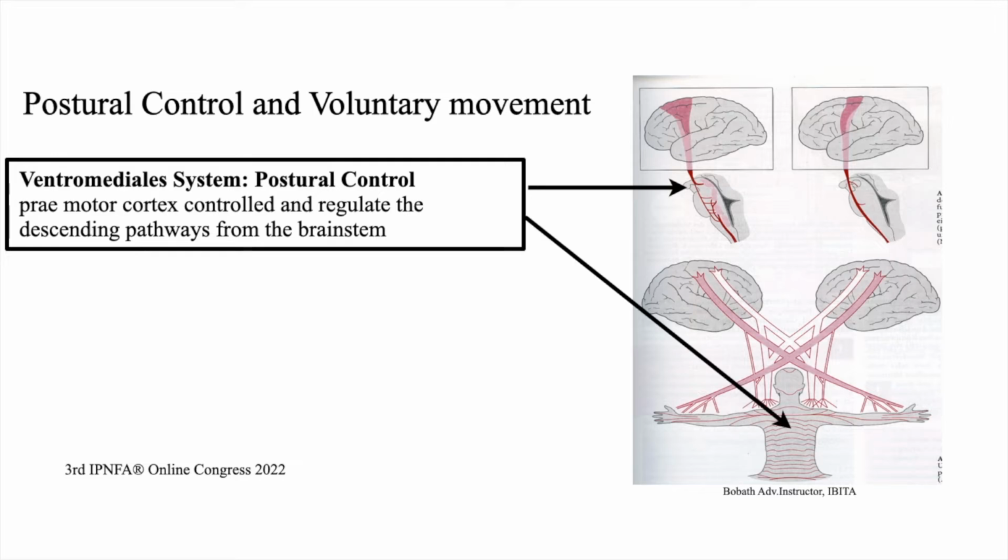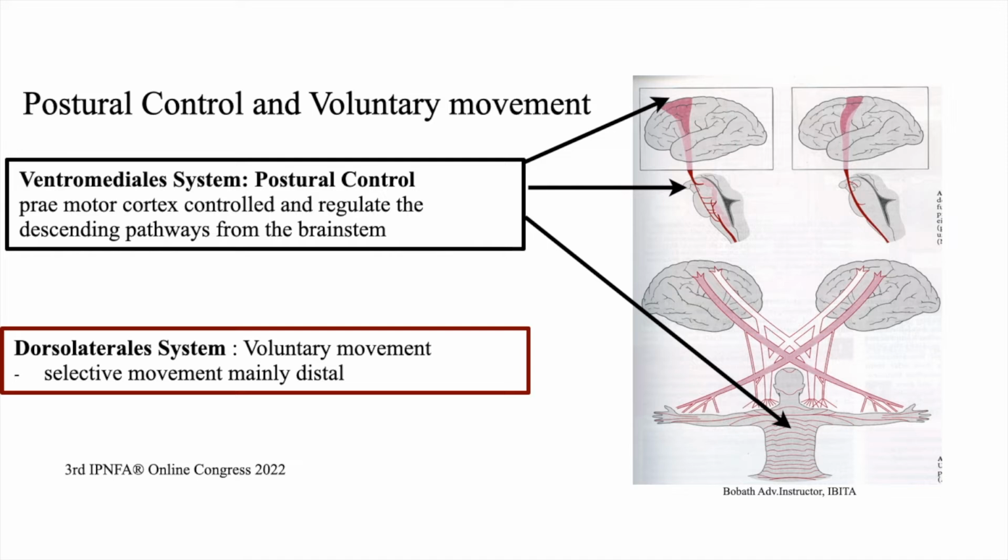We activate proximal muscles, the muscles from the shoulder girdle towards the elbow and from the hip downwards to the knee. So that the brainstem knows in which way it should activate our posture activities, we need this premotor area. This is the anatomic structure where we plan our posture activities.